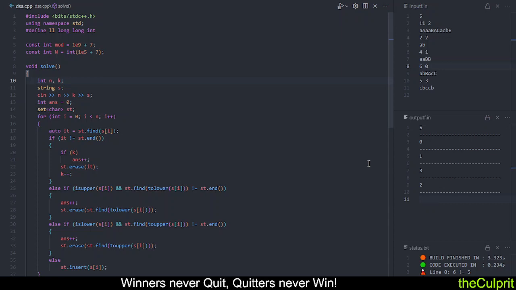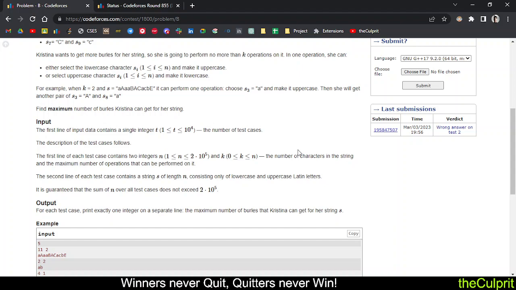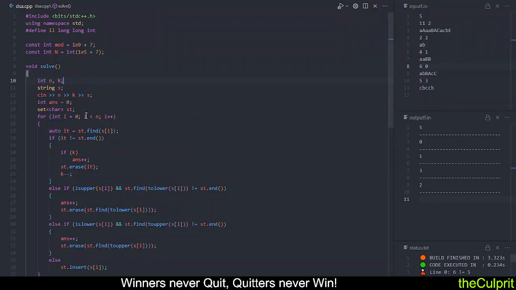How can I get the maximum balls? How do I fix this? There's a set. Change it.